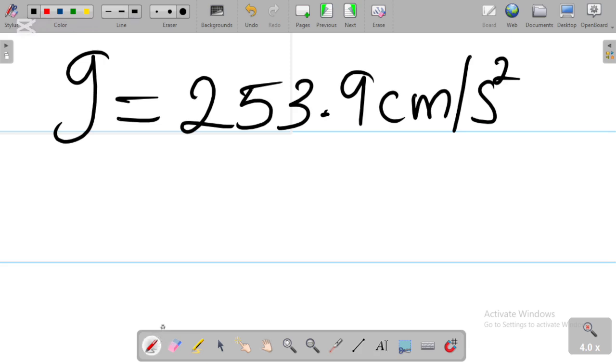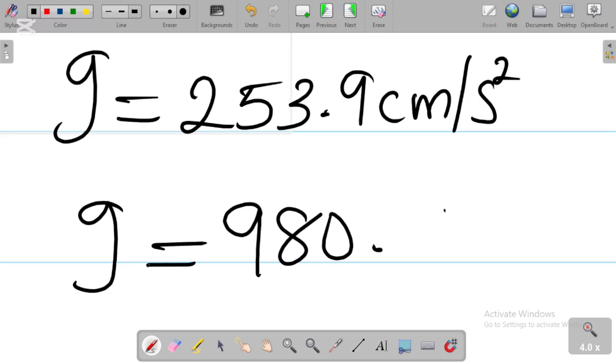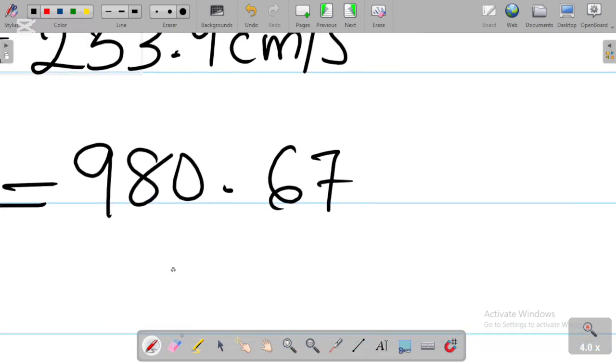G means acceleration due to what? Gravity. That's what G is called. So the general value of acceleration due to gravity is equal to 980.67. That's the original value of acceleration due to gravity. And the unit is centimeter per second square.